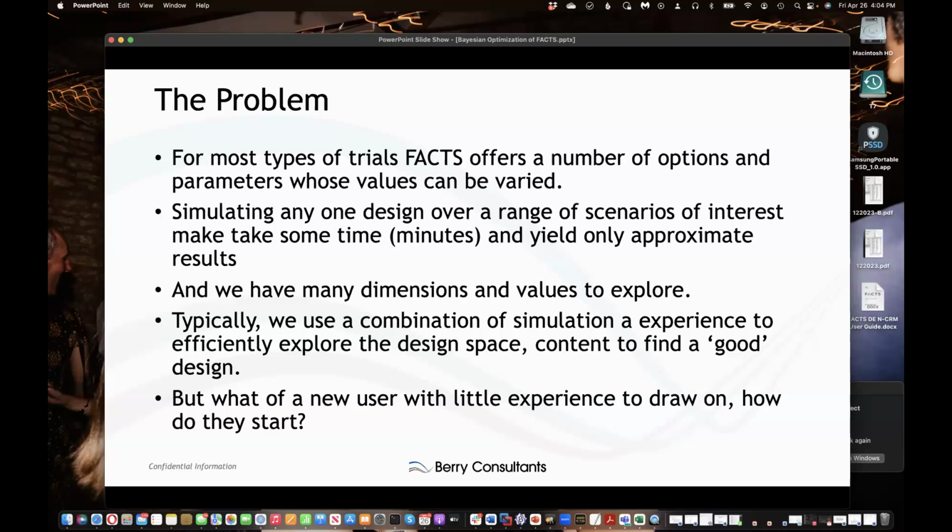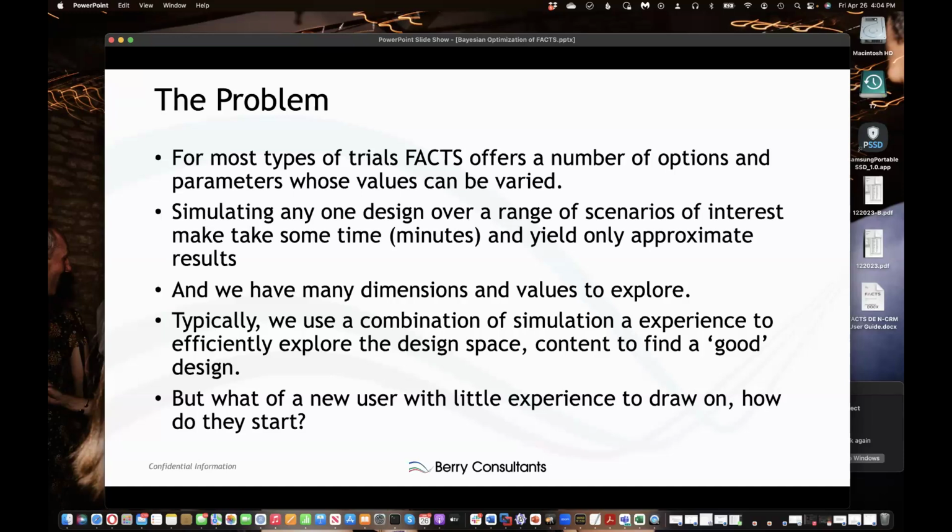Typically we use a combination of simulation and experience, I should say, to efficiently explore the design space. And we're normally content to find a good design rather than necessarily the best. But what if you're a new user, you've only just started to use FACTS, or simulation in general, to design trials?